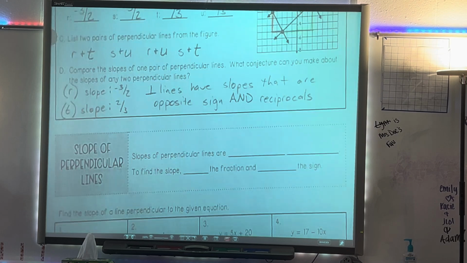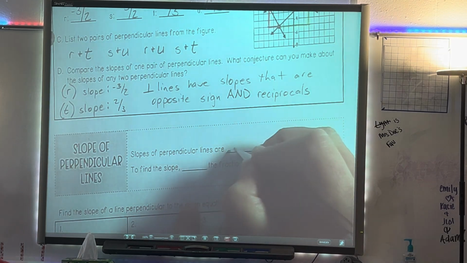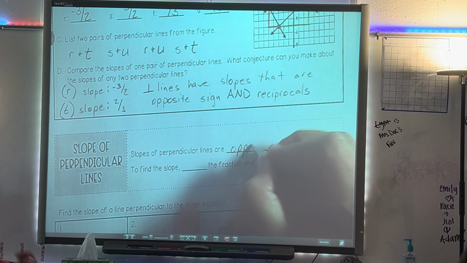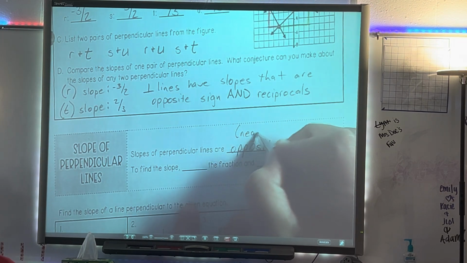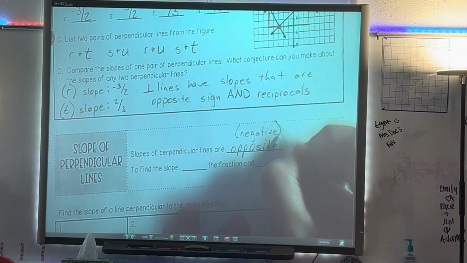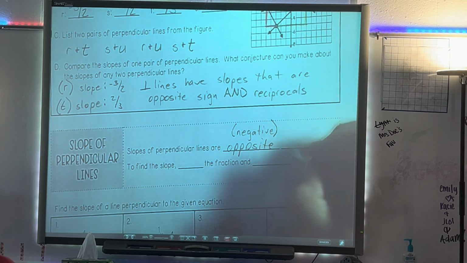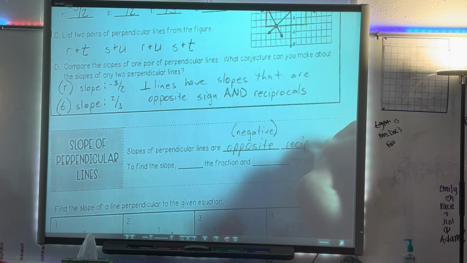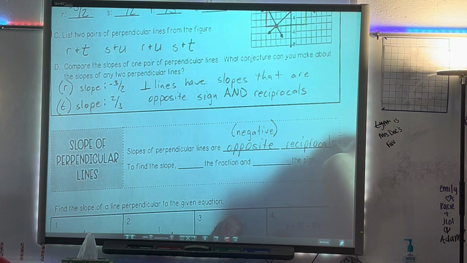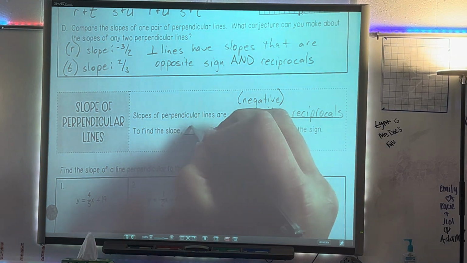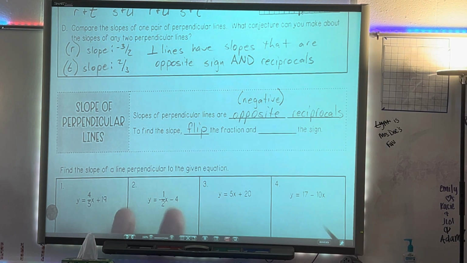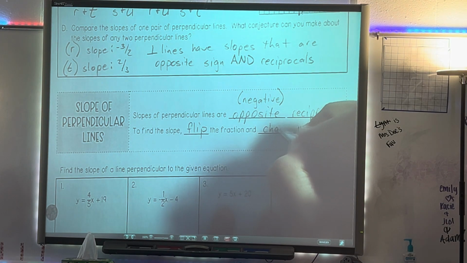Alright, so slopes of perpendicular lines are opposite reciprocals. Again, they usually use the term negative reciprocal. That's usually the way you would see that. That's the correct way to say it, but I'm okay if y'all say opposite reciprocals.